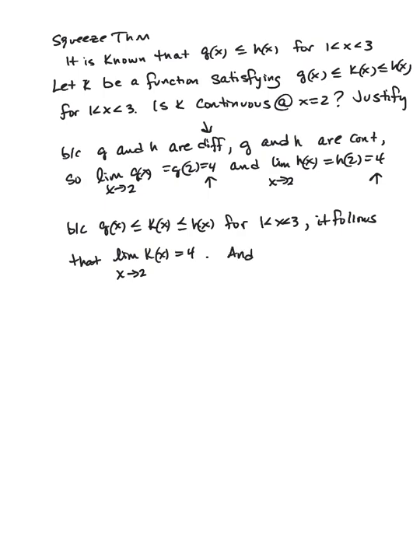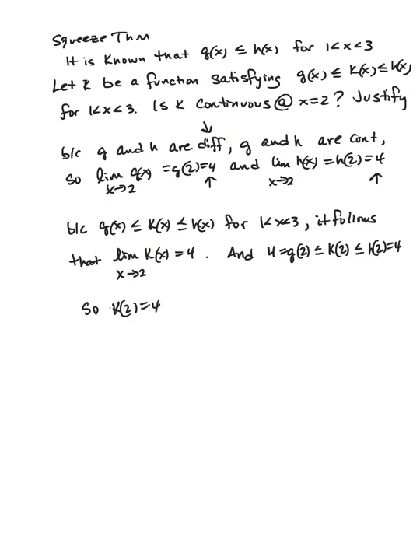And 4 is equal to g of 2, right? Which is less than or equal to k of 2, which would be less than or equal to h of 2, which is equal to 4. So, right, k of 2 must be 4 then.